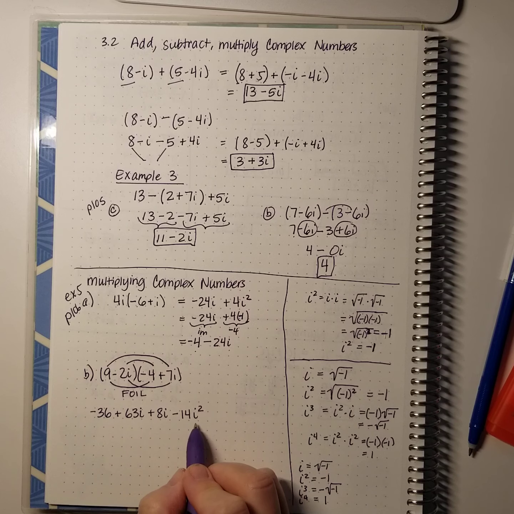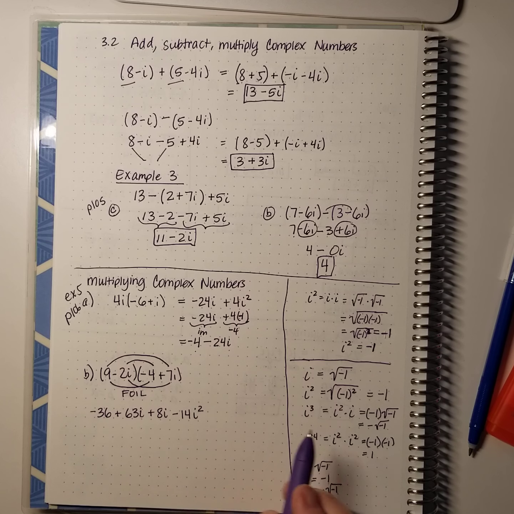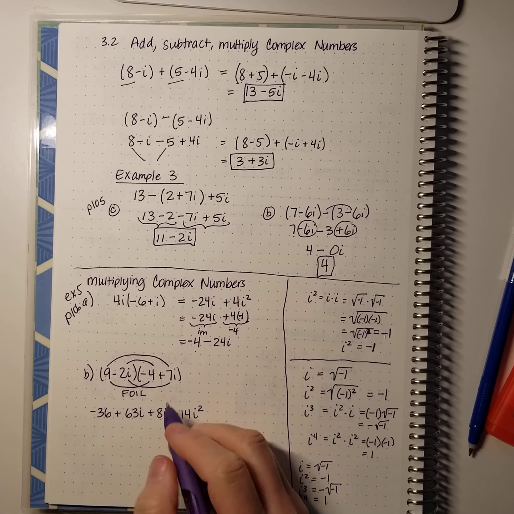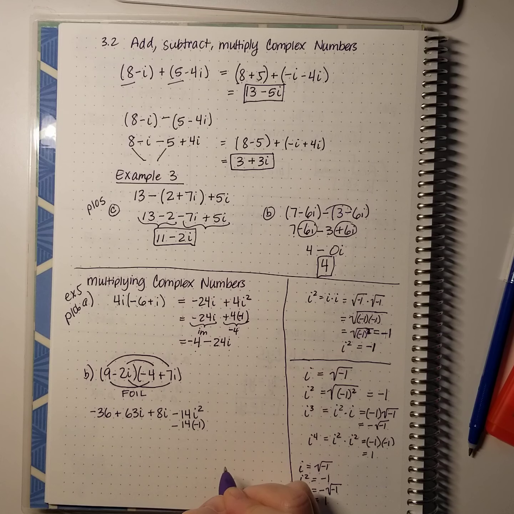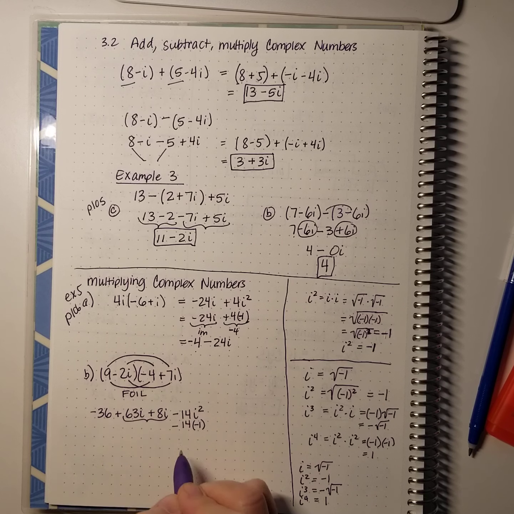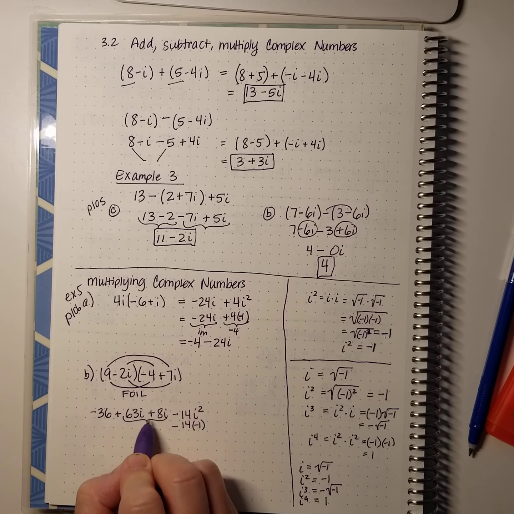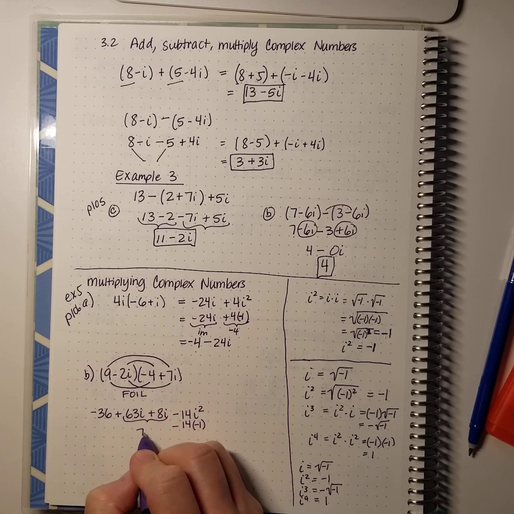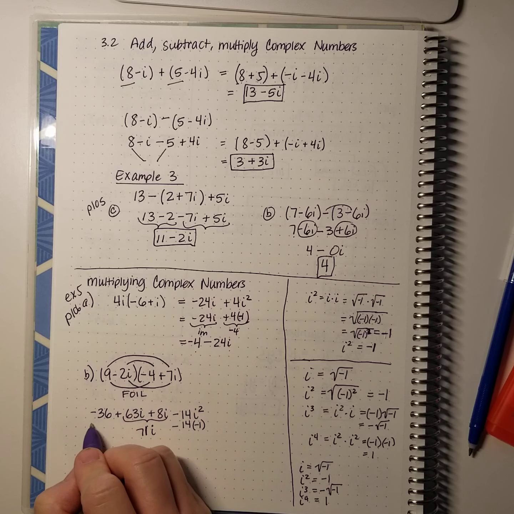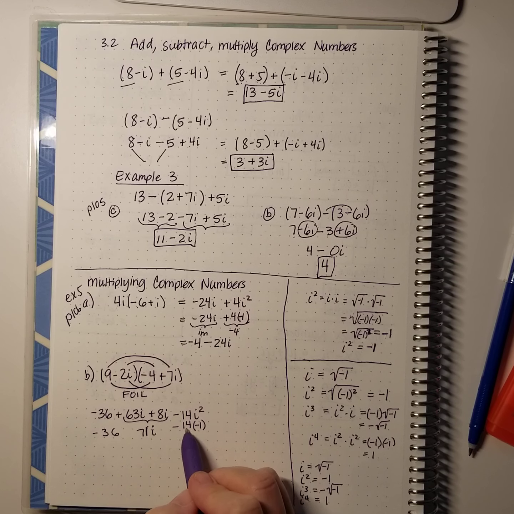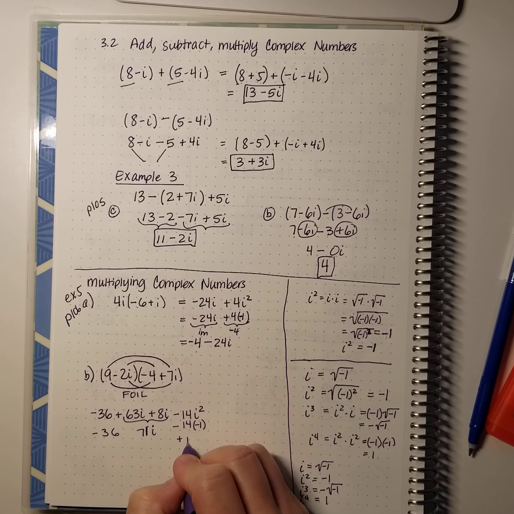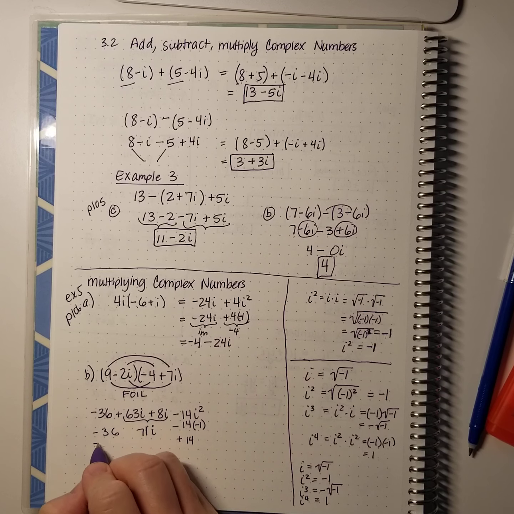So what we'll do is we'll simplify the i squared. That's going to be equal to negative 1. So this becomes negative 14 times negative 1. We'll combine these middle terms, 63i and 8i. That's 71i. And then we just have negative 36 here. So negative 14 times negative 1 is plus 14. We have a minus 36.